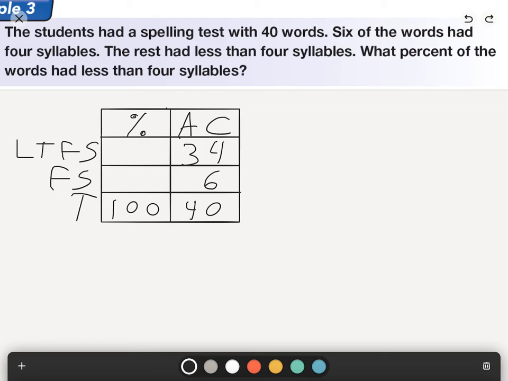Then, so we've got percentage of less than 4 syllables and percentage of 4 syllables. Okay. And then the thing it's not asking you for is the percentage of ones that have 4 syllables.